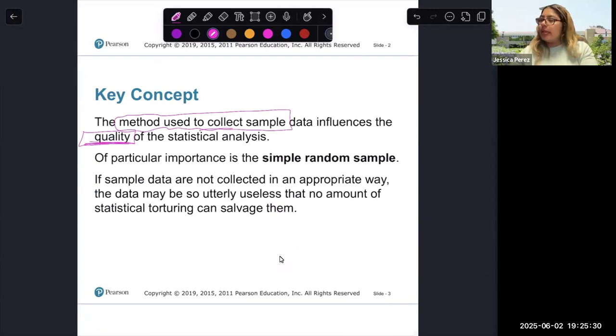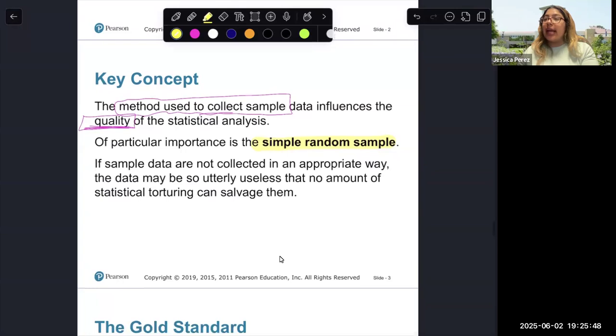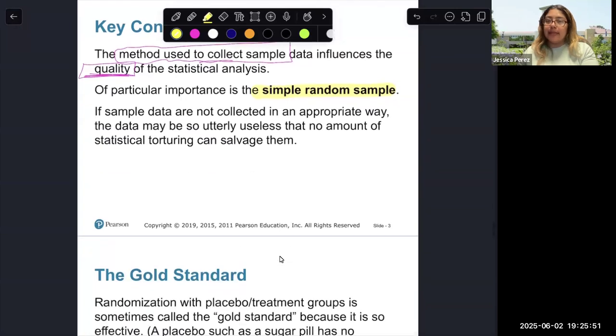One particular importance is a simple random sample. If a sample is not collected in an appropriate way, then the data may be so unreliable that no amount of statistical torturing can salvage them. So it's very important the way that you collect your data, making sure that it is accurate and you have validity.